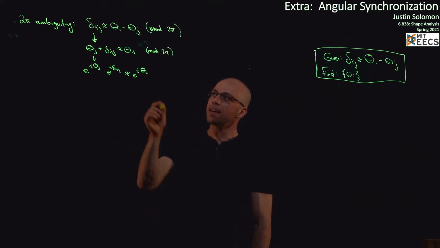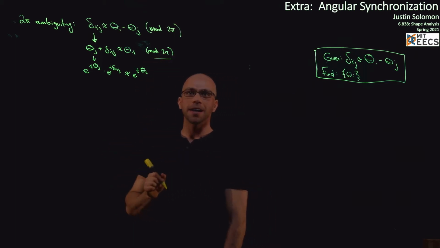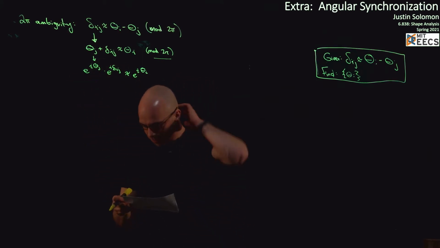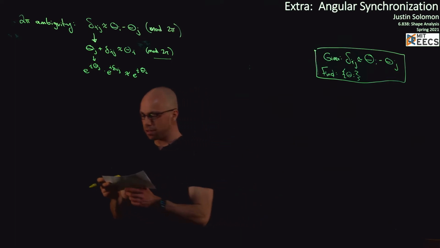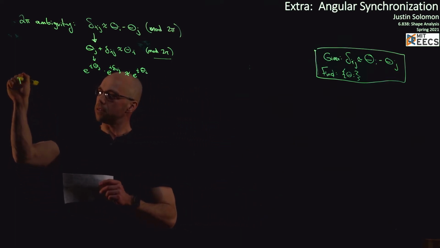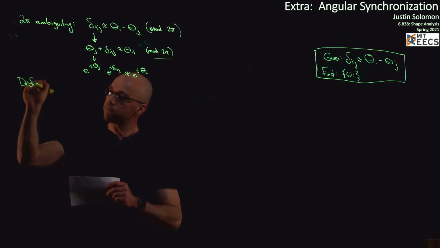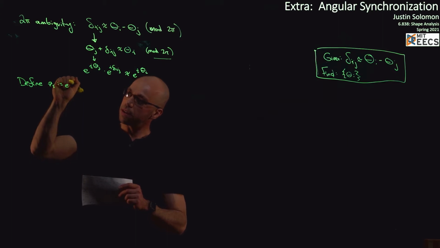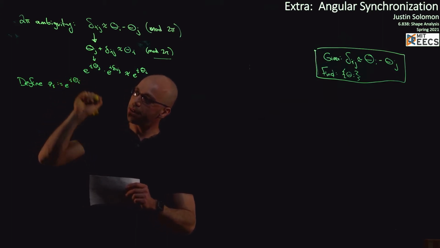Okay, but notice that I no longer need this mod 2 pi anymore because the complex exponential actually takes care of that. So let's make a few definitions. In particular, what we're going to do is define a value z_i, which is e to the i theta i.